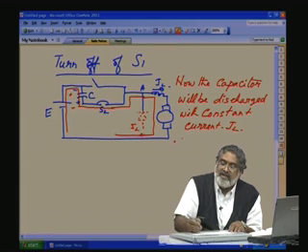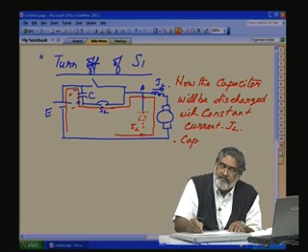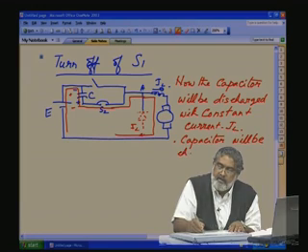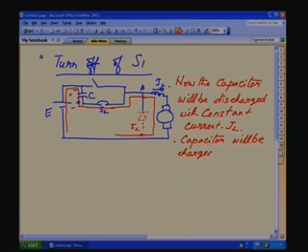Then after the capacitor is discharged, again the capacitor will be charged to E with the constant load current.